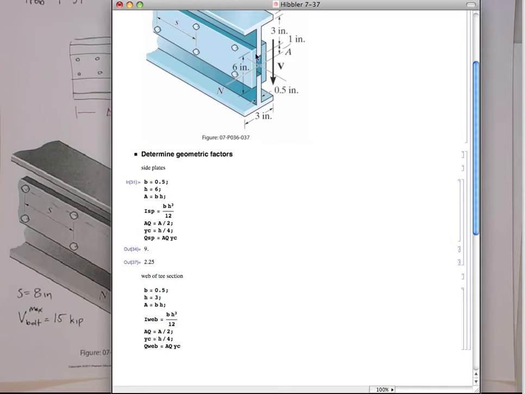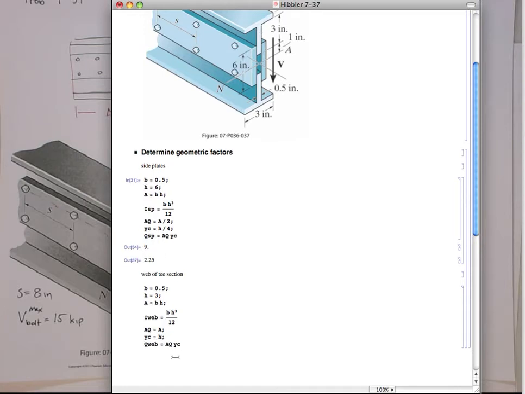Now the Q area in this case is actually the total area. And the location to the centroid is 1 inch plus half of this distance, which is not H on 4 anymore, but it's 1 inch plus H on 2. Okay? And this gets the Q of the web.